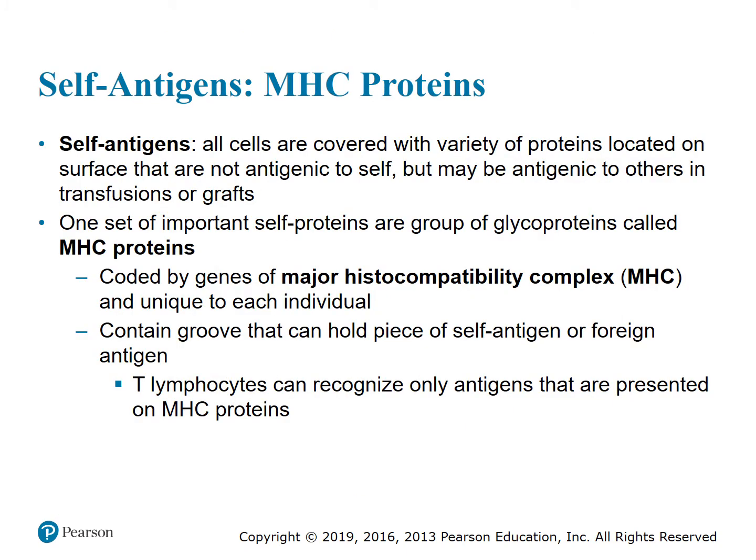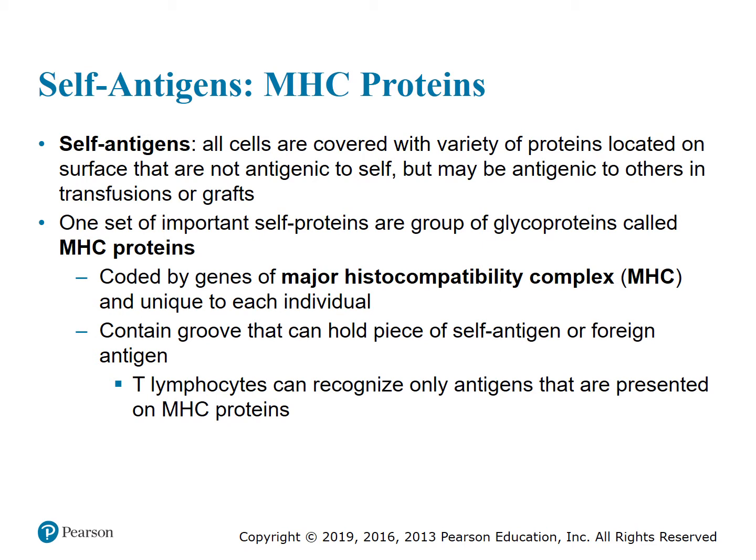Self-antigens and the MHC proteins. So self-antigens: all cells in our body are covered with a variety of proteins that are located on the surface that are not antigenic to self. In other words, our immune system will not attack these proteins, but they may be antigenic to others in transfusion reactions or in grafts.